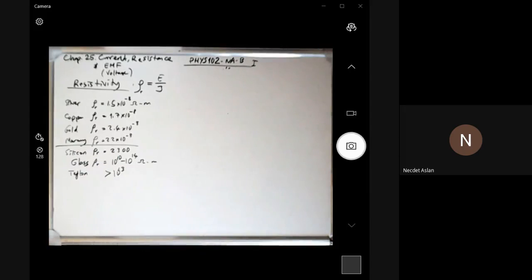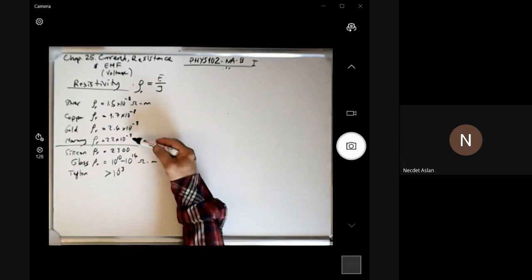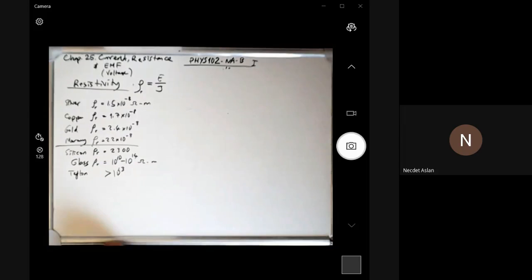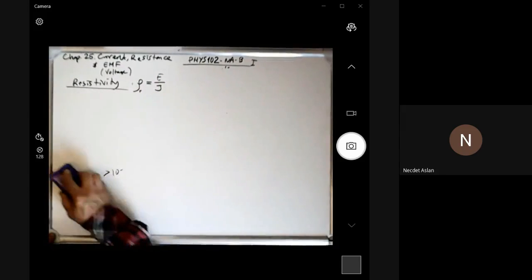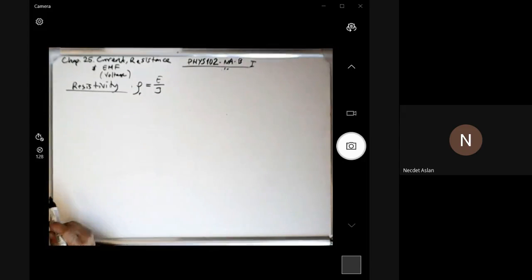Okay? So basically these are non-conductors, but these are conductors. As you see, we have very small resistivities for the conductors, but for the non-conductors, we have great resistivity. Of course, because the current cannot easily flow through the non-conductors. We know it already. Okay, so this is basic introduction.